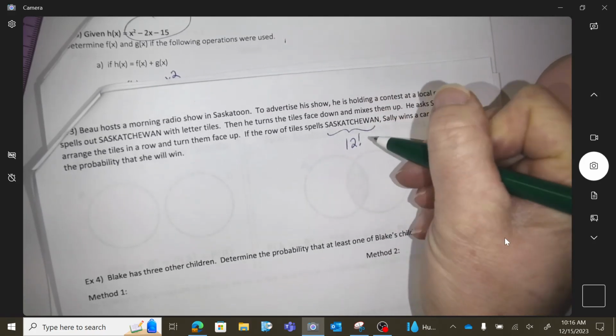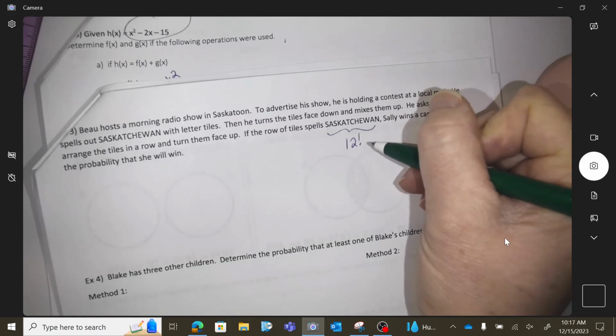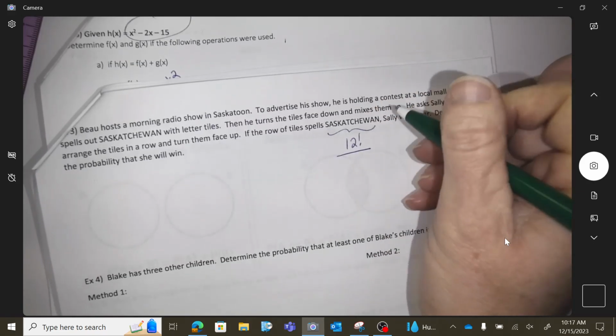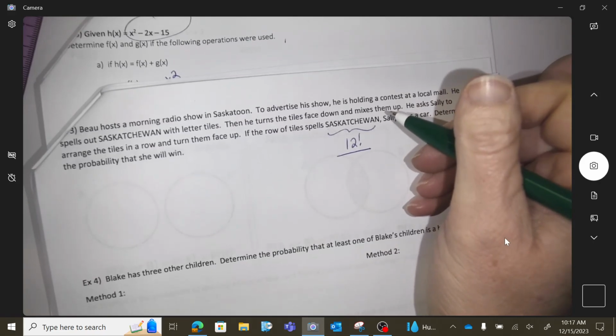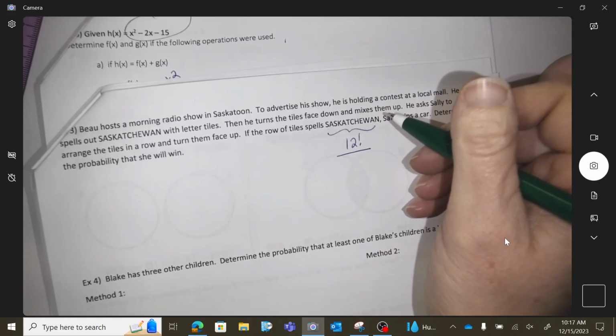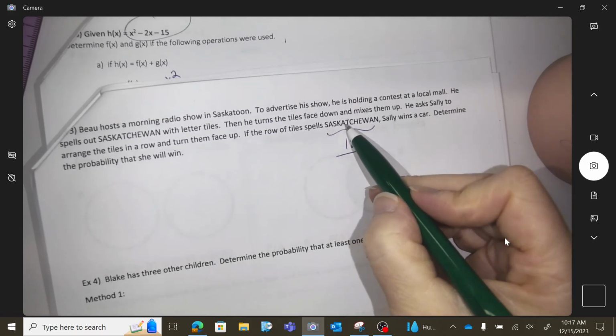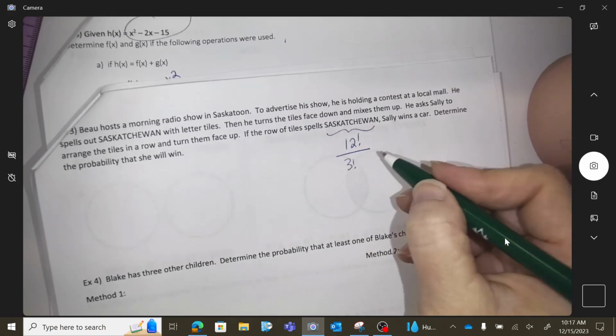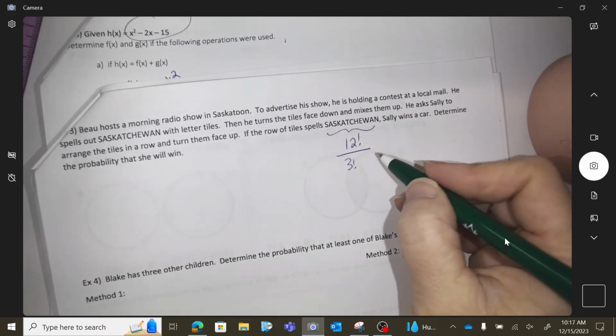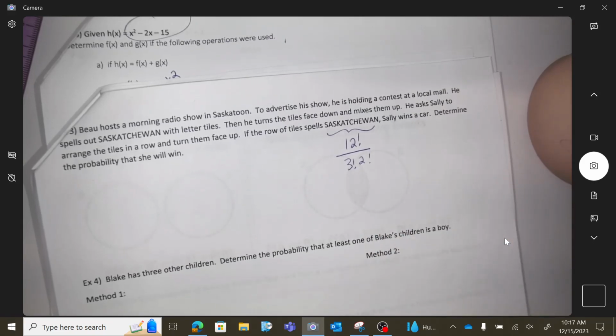You arrange with 12 letters, but then what happens? Cancel, divide, anything that was a repeat, because if I switch an A with an A, that doesn't make a difference to you, right? So what do we got? 1A, 2A, 3 A's, 2 S's. Any other letters? No, that's it?